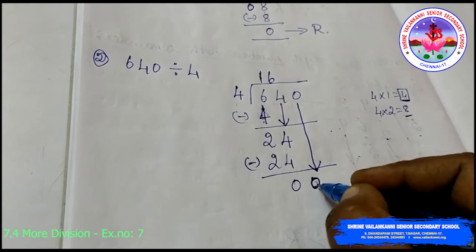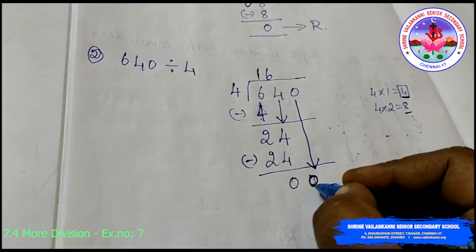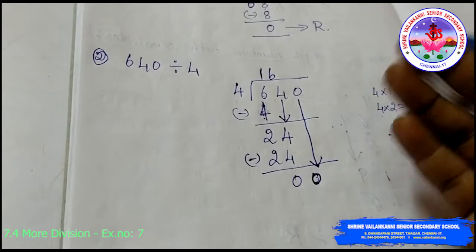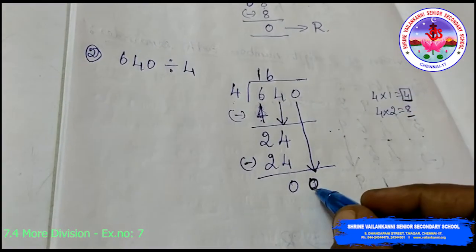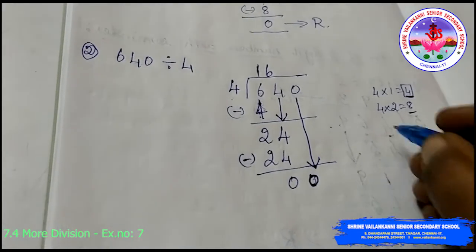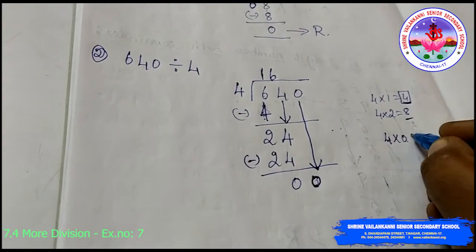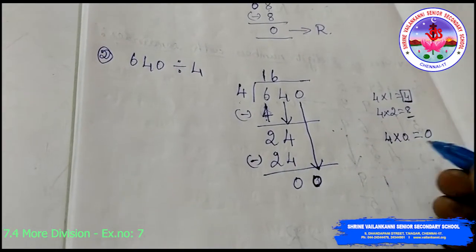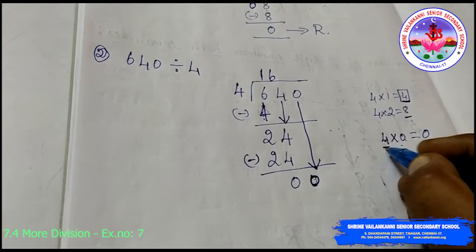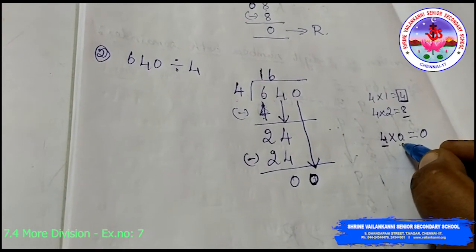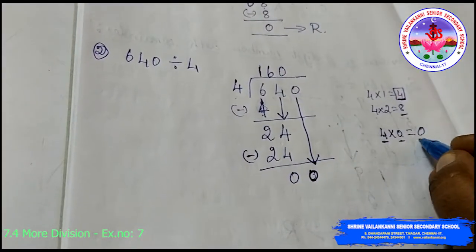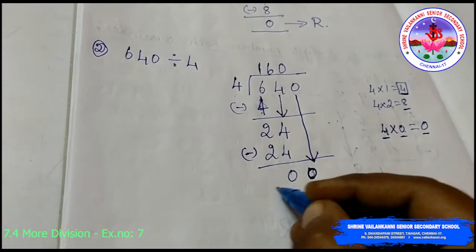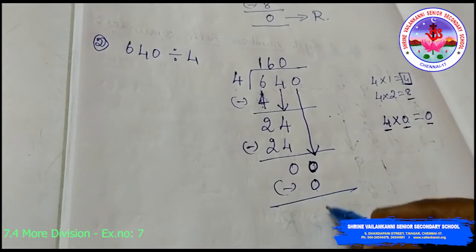So I am bringing down this 0 to do division. Same procedure as I did in the first sum in this video: 4 into 0 is equal to 0. So this 4 is your divisor, this 0 is your quotient, and your answer is 0. So 0 minus 0, 0.